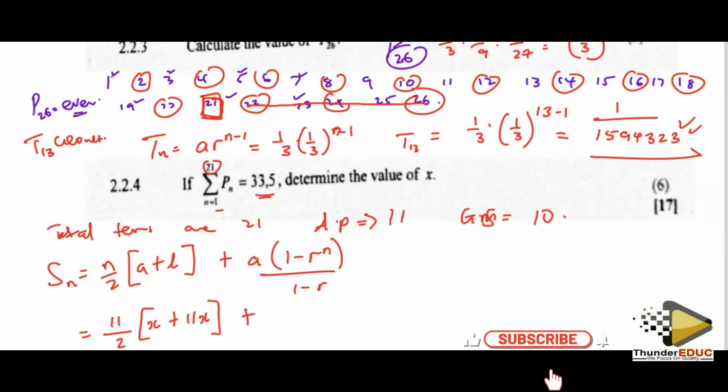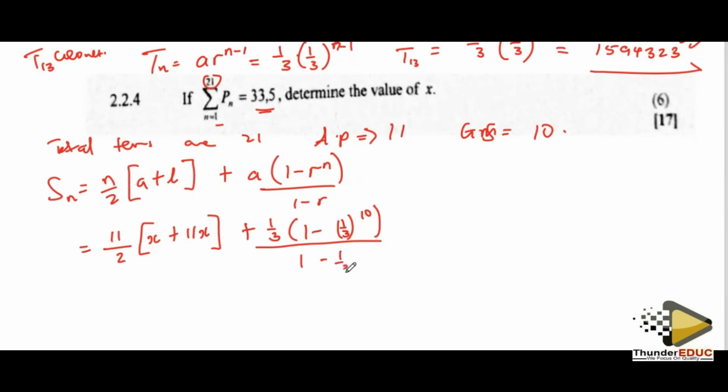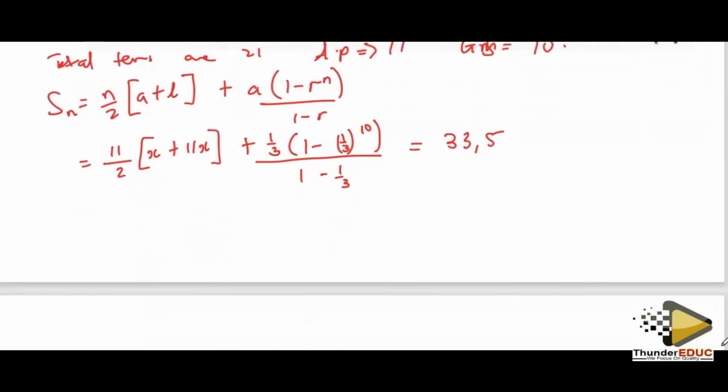Then plus, when I look at the first term of the geometric, we have the 1 over 3, into 1 minus 1 over 3 to the exponent of 10, over 1 minus 1 over 3. But this must be equated to 33.5. Okay, I'll open my brackets, that is 12x.